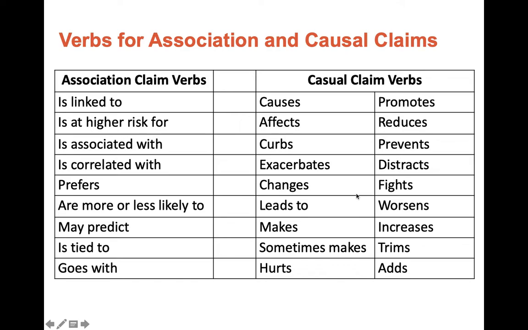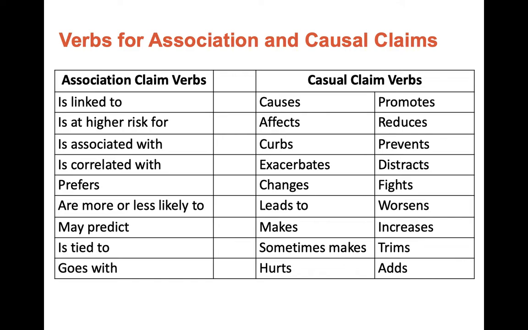You can see that the verbs on the right-hand side are much stronger, and they signify that one variable is the cause of another. Using the word cause would sure do that, but there's other ways to use causal language without using the word cause.